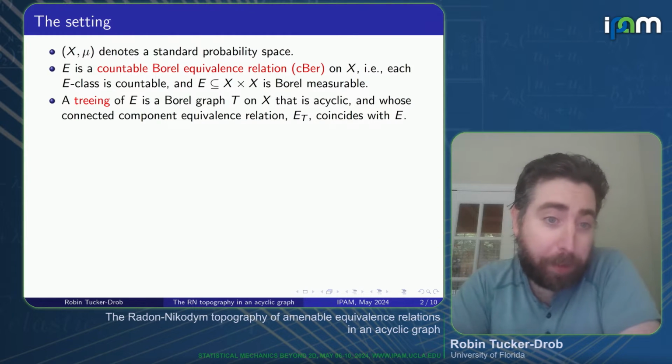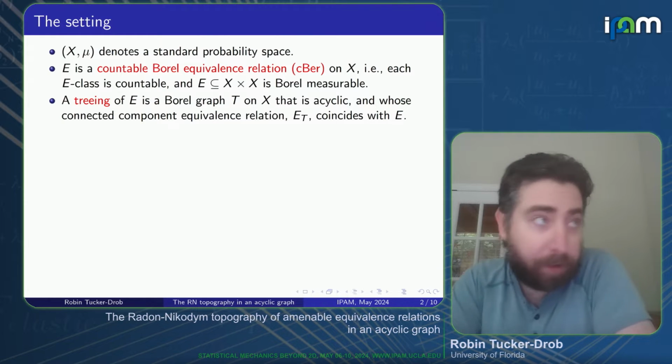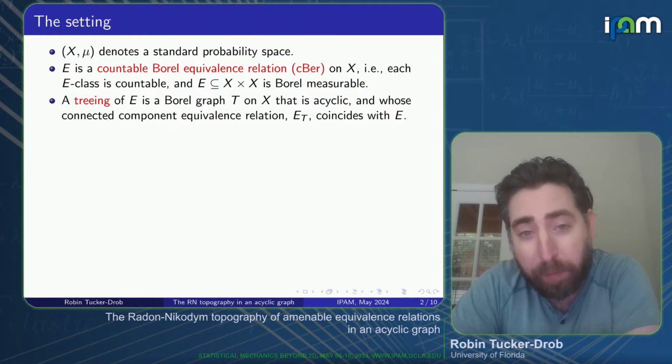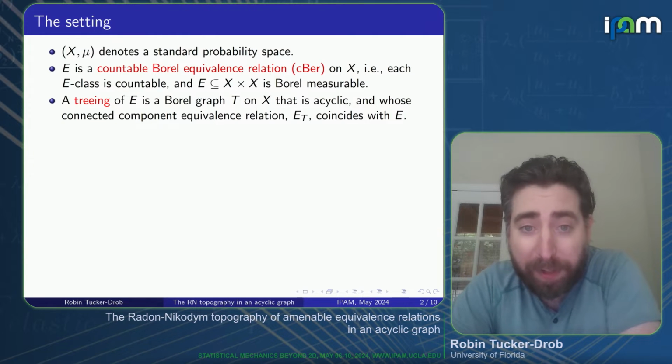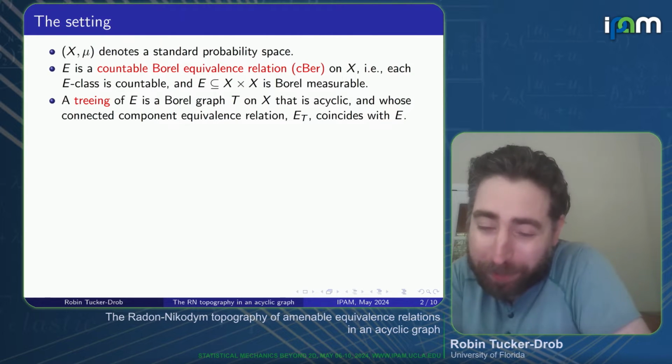I'm going to be dealing with treeings of equivalence relations. A treeing of E is a Borel graph. For the graph to be Borel, I just mean that, viewing the set of pairs of adjacent vertices as a subset of X cross X, we want that to be a Borel subset of X cross X. So a treeing is a Borel graph T whose vertex set is X, that's acyclic, so each connected component is a tree.